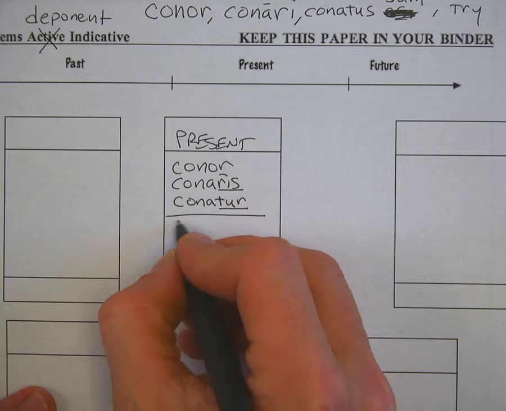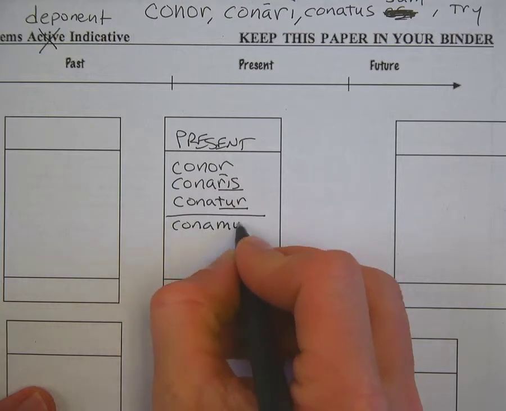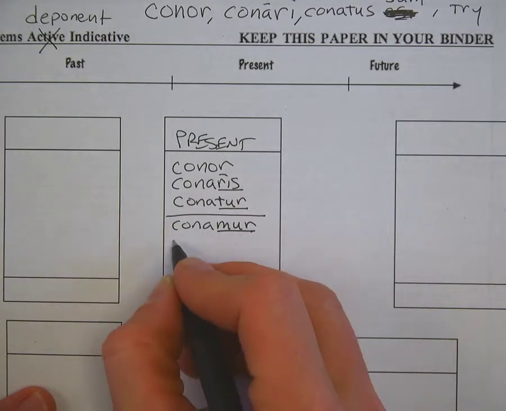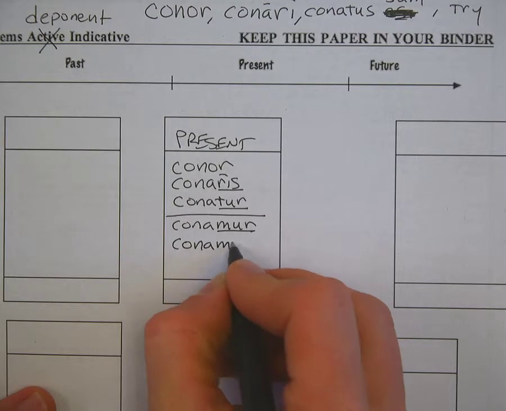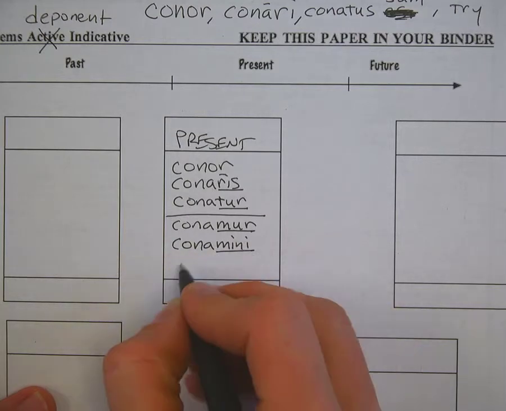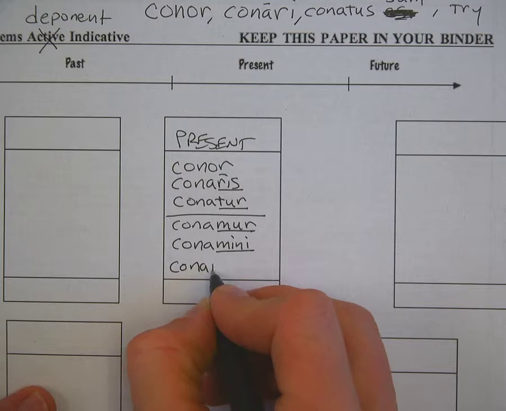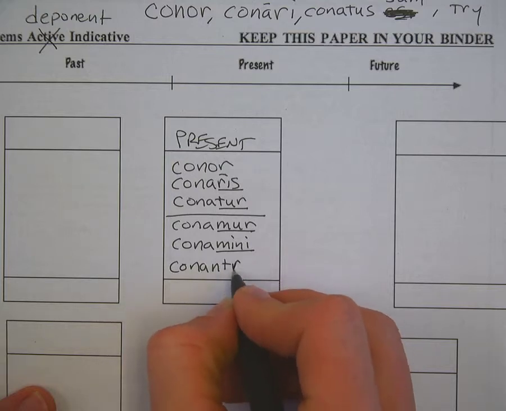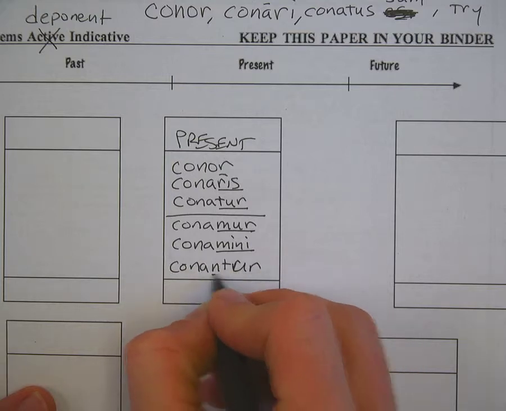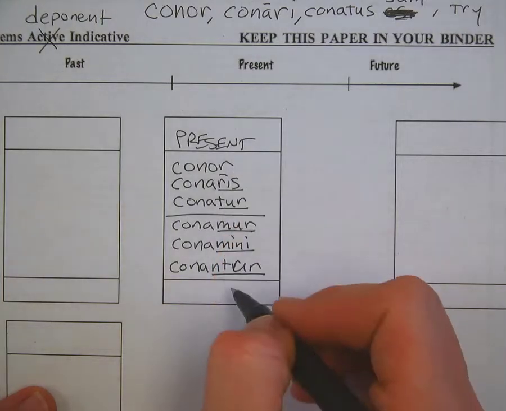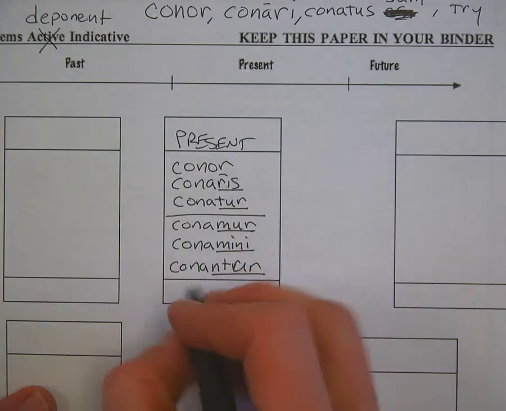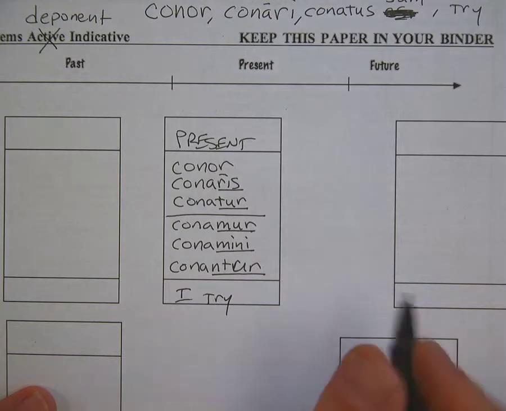If it's we try, it's conamur. You all try, conamini. And they try, conantur. So again, your passive endings, but all the meanings are active. So you say I try, or I am trying.